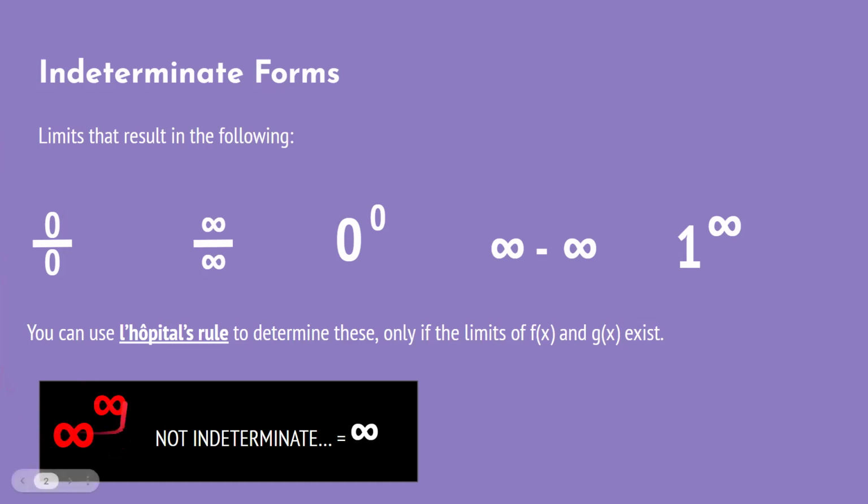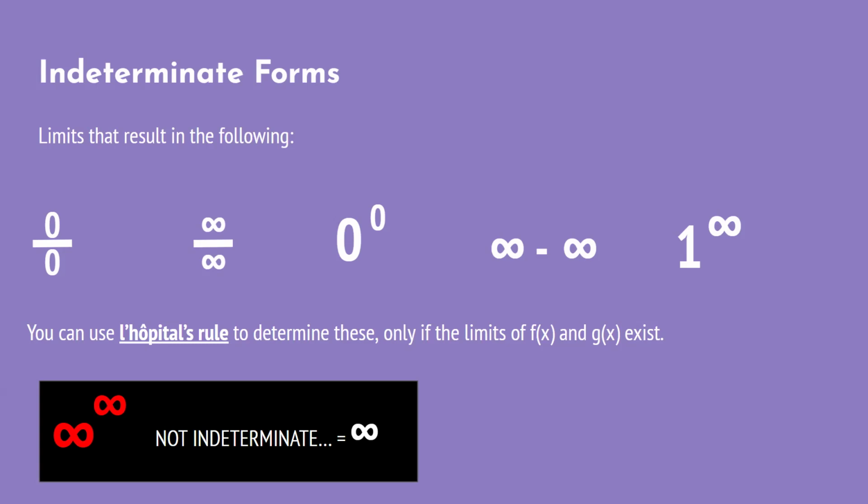Here's one that people oftentimes think is an indeterminate form, but it actually isn't. If you ever got infinity to the infinity, it is not indeterminate, it's actually infinity. It can make sense if you think about the graph x to the x. If you take the limit of x to the power of x as x approaches infinity, if you plug in infinity, you would get infinity to infinity.